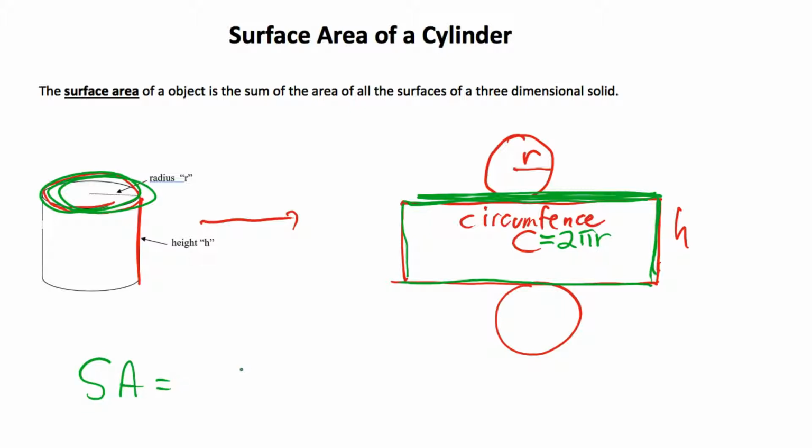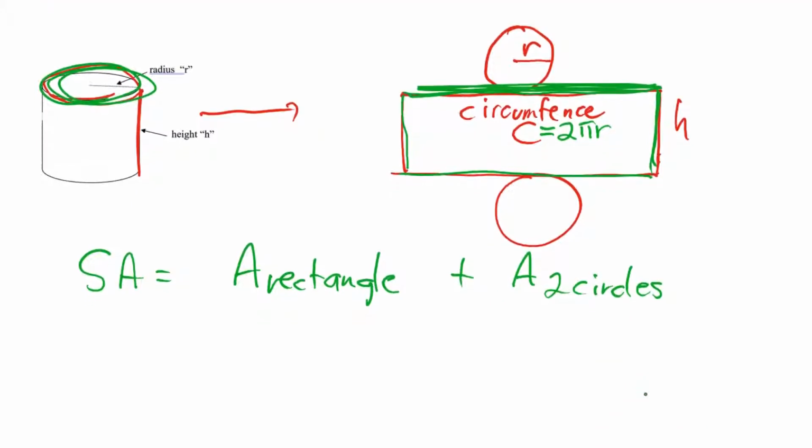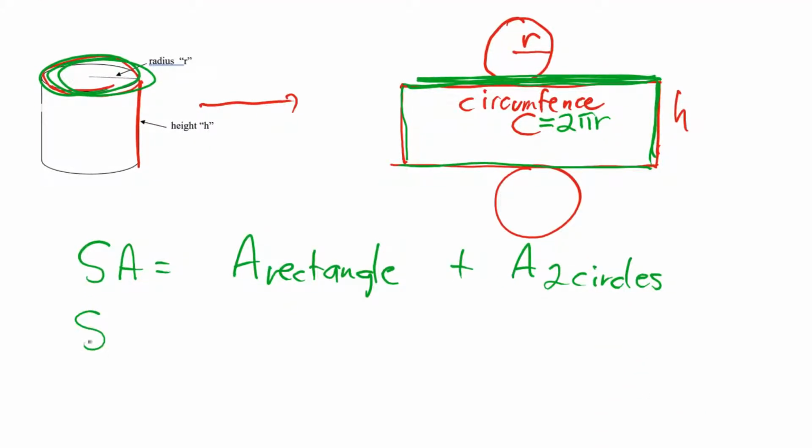So our surface area will be the area of our rectangle plus the area of two circles. And the area of our rectangle is length times width, which is circumference times height. And since circumference is 2 pi r, it's 2 pi r times height.